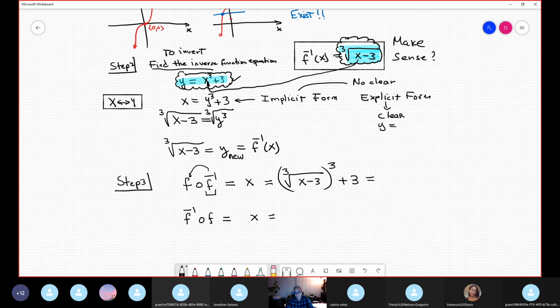It's obvious: the cubic root and the cubic power cancel each other, because we have x minus 3 plus 3. Wow, look at that, it cancels out. The answer is x, exactly the value expected, because these functions cancel each other.